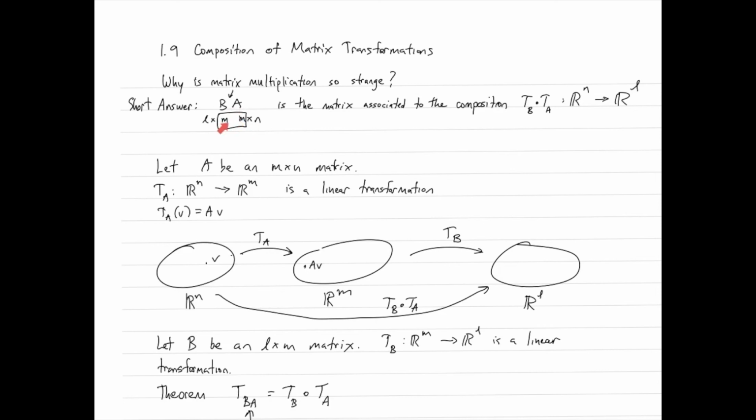Because these numbers M agree, we're allowed to multiply them, and the result will be an L by N matrix. But anyway, this strange matrix multiplication is the matrix associated to the composite of the transformation T sub A followed by T sub B.